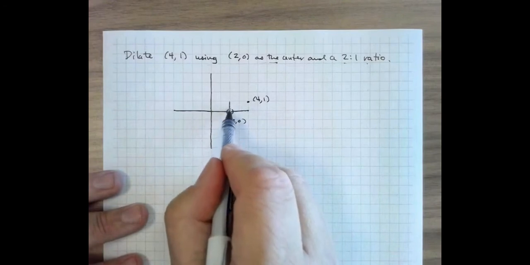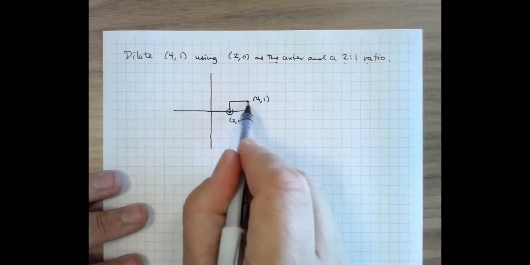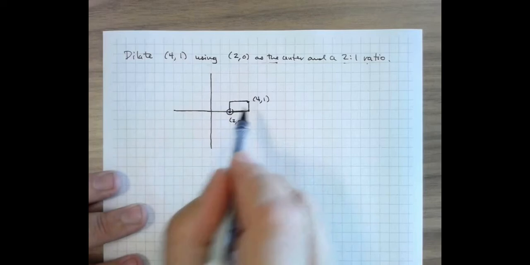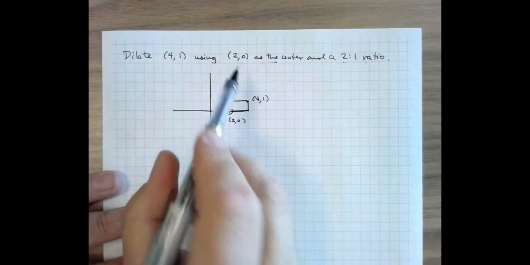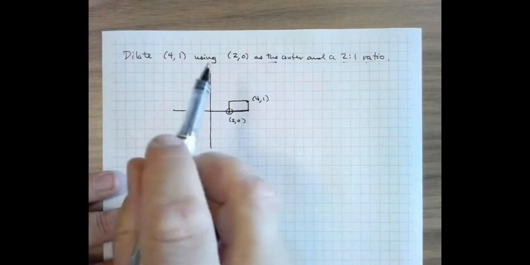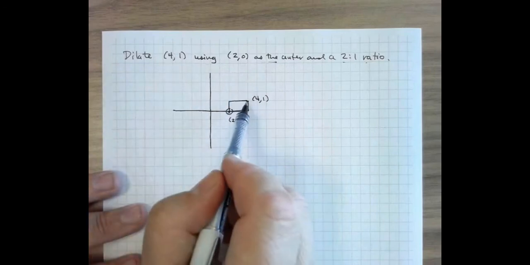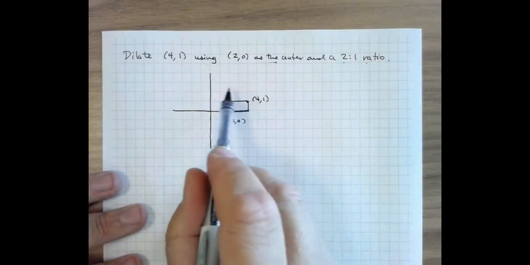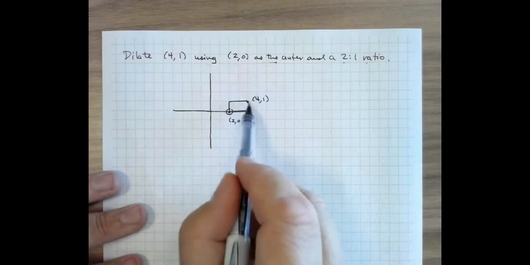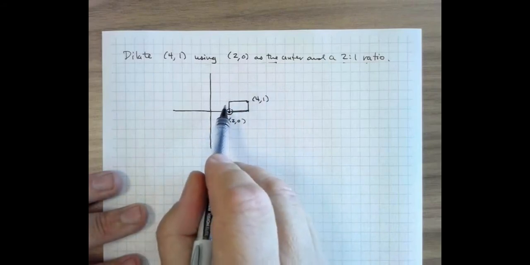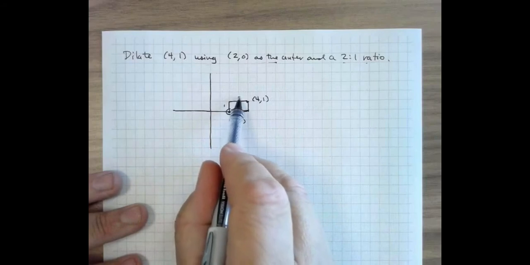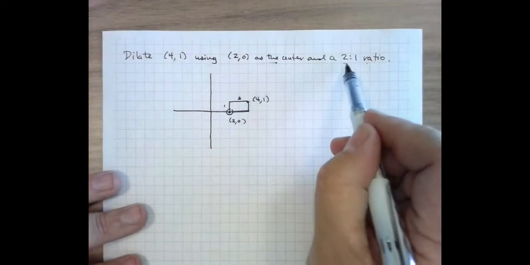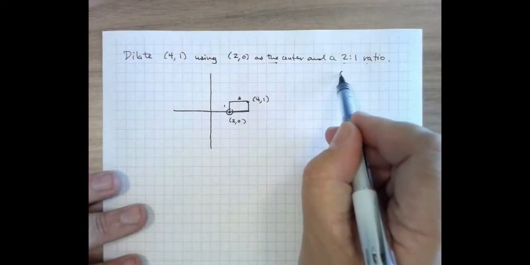I'm going to draw a rectangle along the coordinate grid with my center, 2, 0 that I've circled as one corner, and the point I'm going to dilate as the opposite corner, 4, 1. And now what I do instead of turning it is I dilate this rectangle. I take the dimensions of this rectangle. So this is a 1/2 rectangle. So 2/1 ratio means all lengths double.